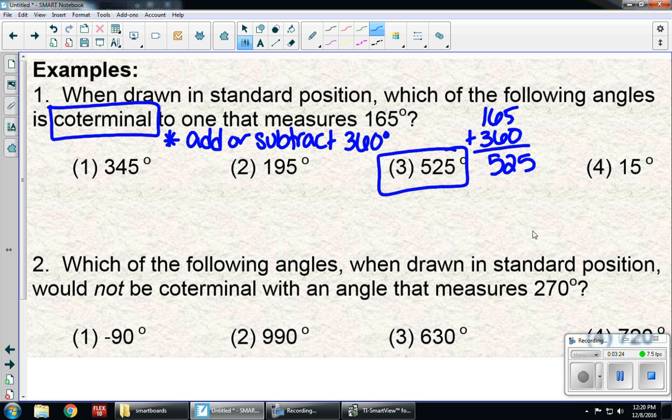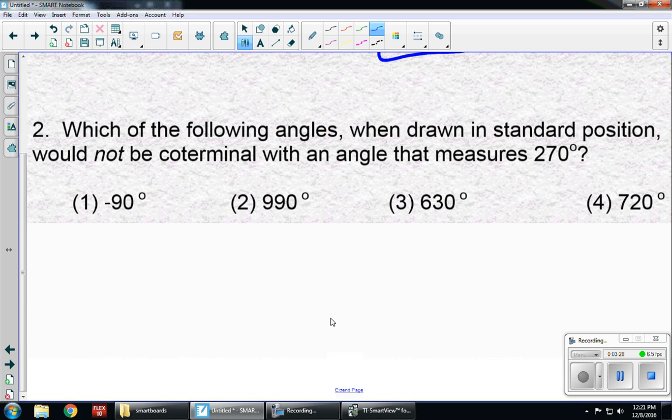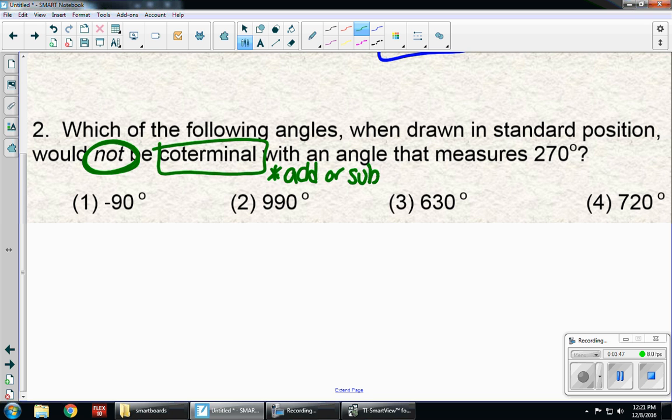Question 2. Which of the following angles, when drawn in standard position, would not be coterminal with an angle that measures 270 degrees? The first thing is I want to make sure I know that I'm looking for not, and coterminal means add or subtract 360.